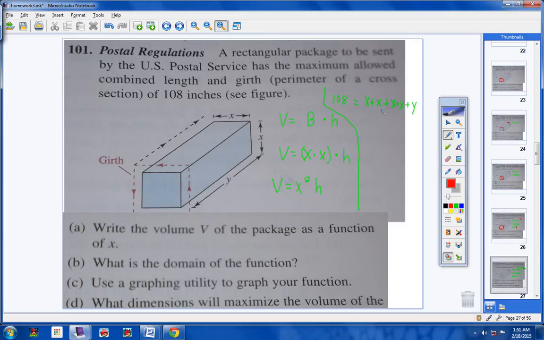So it looks like this. X plus x plus x plus x plus y equals 108. Because, guys, look, it says the combined length and girth is 108. So here's my length y. Here's my girth, the perimeter of the bottom side, x plus x plus x plus x. So there it is. Alright.